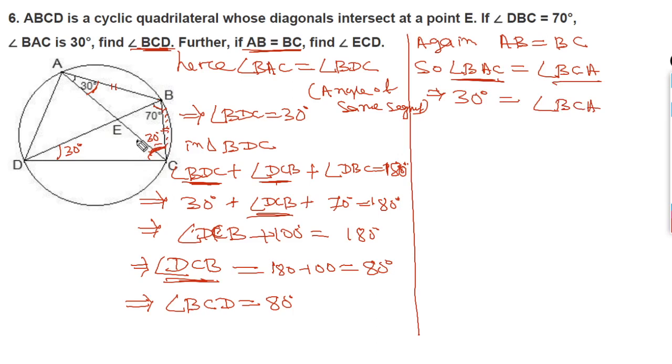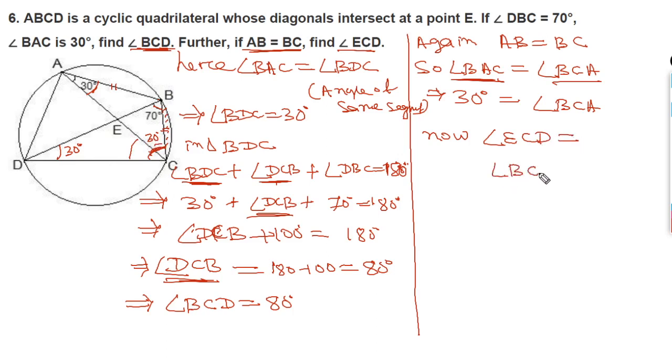Now we need to find this angle, angle ECD. Look at the figure, angle ECD is equal to angle BCD minus this 30 degrees.